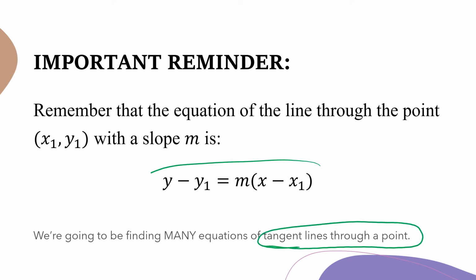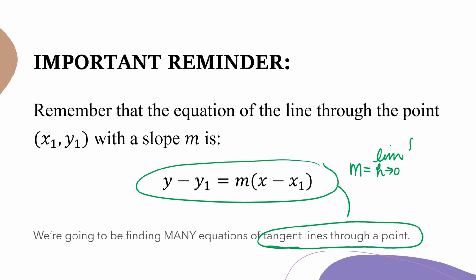So we'll be using this equation in order to do that, where m will be equal to that limit as h approaches 0 of f of x plus h minus f of x over h. At least when we're finding the equations of tangent lines, which is one of the big purposes and goals of calculus.